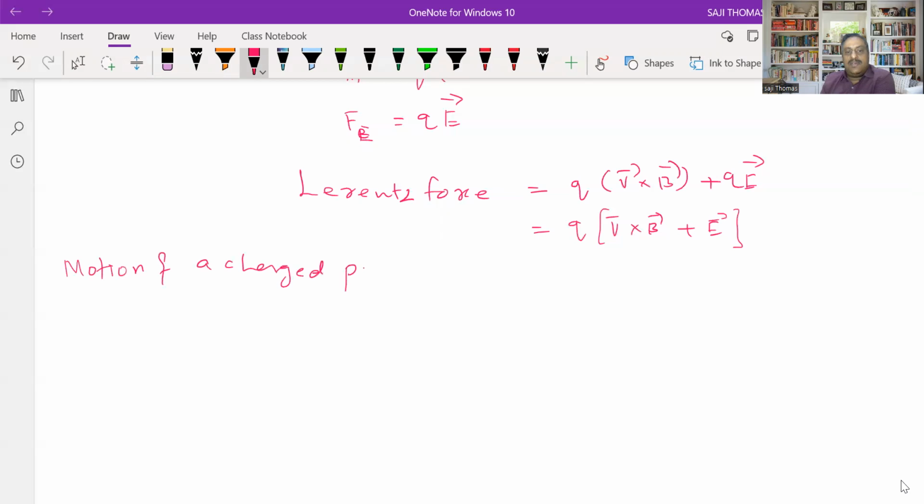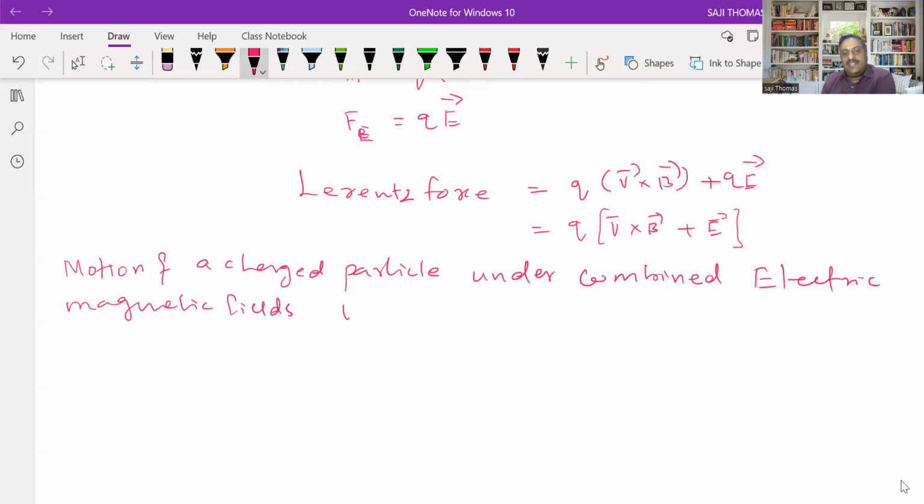Motion of a charged particle under the combined electric and magnetic fields which are perpendicular to each other.